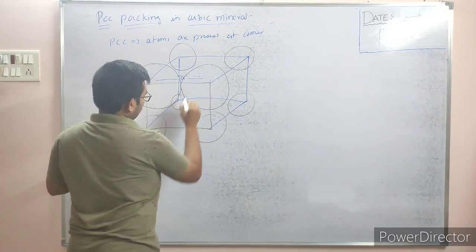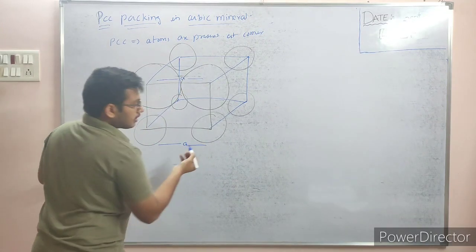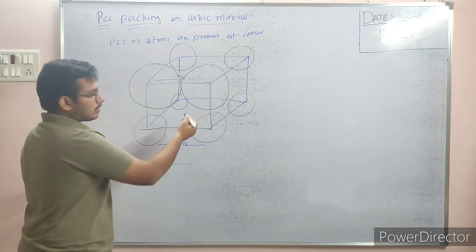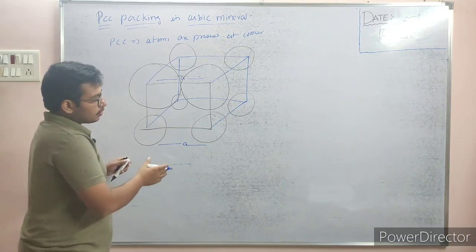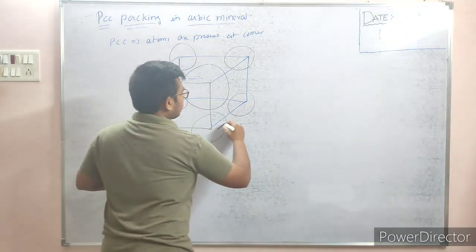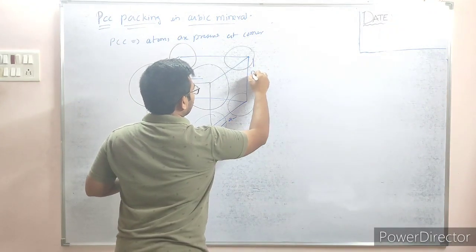This is the edge length because it is a cubic mineral and we know that all edge lengths are equal, so we consider it as a and this is also a and this is also a.